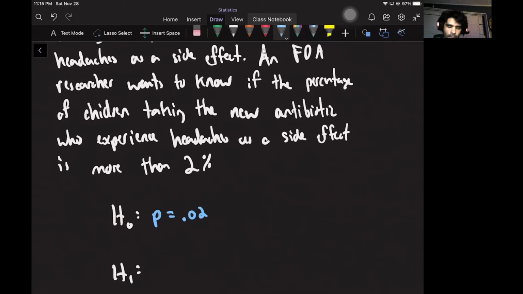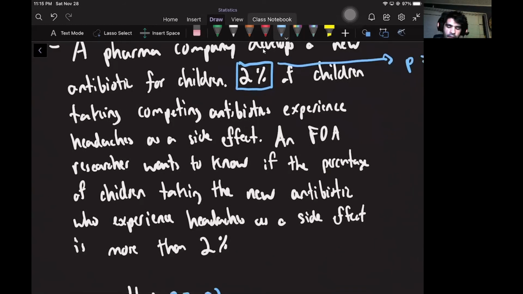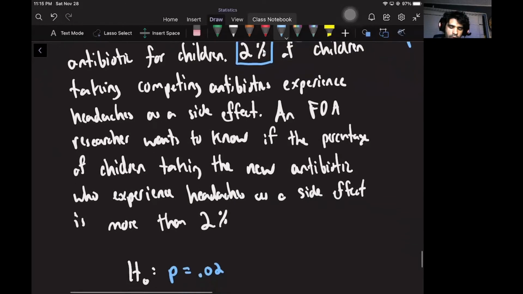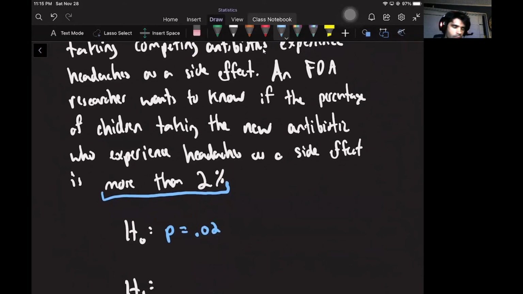So now, what's the alternative that they are asking is happening, if it's happening with this new antibiotic? Well, they are trying to see if this antibiotic, not just that the percentage of children that get headaches is different than 2%, but if it's more than 2%, more specifically.